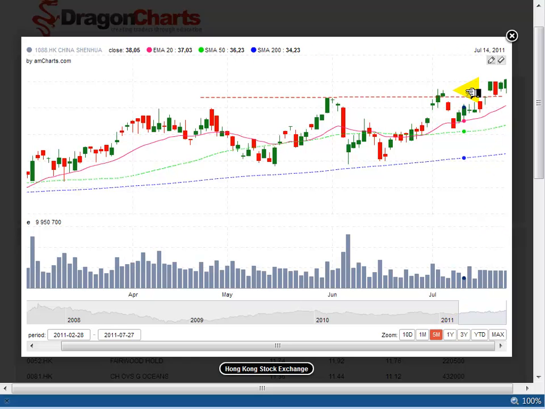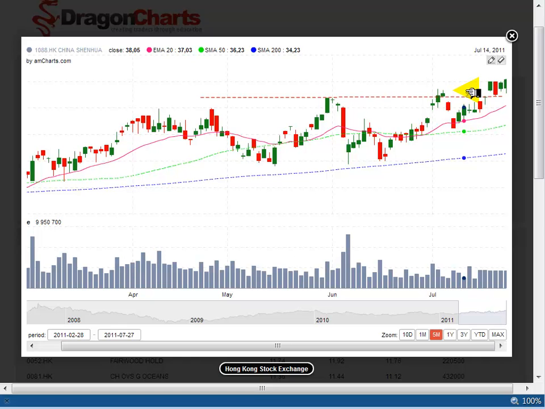Now these charts are not designed to be extremely high-tech charts in terms of technical analysis capabilities. What we have at DragonCharts is not a technical analysis platform, it's a scanning platform.